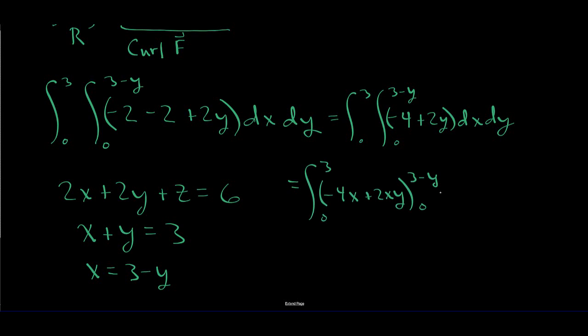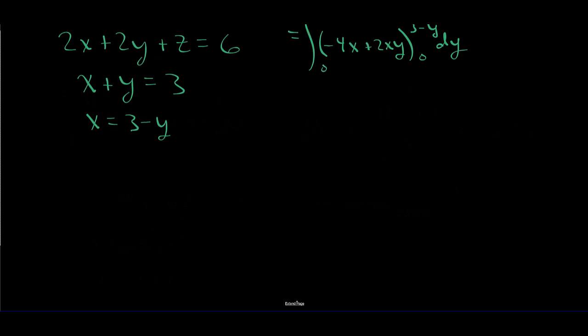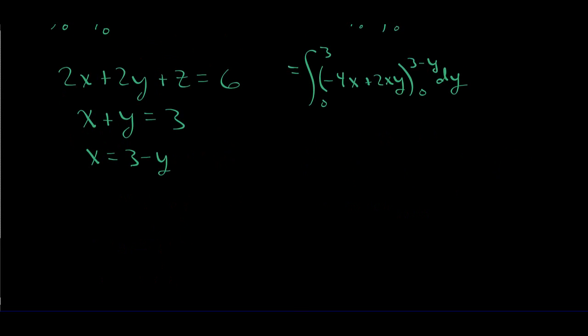Now I go ahead and put in the 3 minus y. So let's see what we get when we do that. Okay, so this is negative 4 times 3 minus y, plus 2 times 3 minus y times y dy.